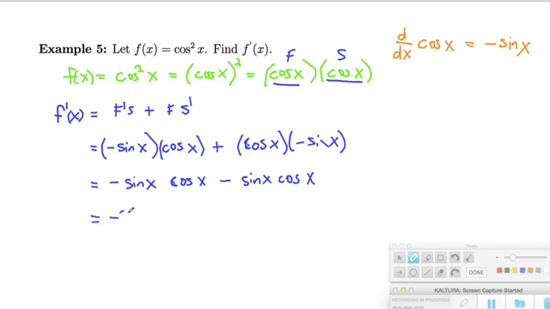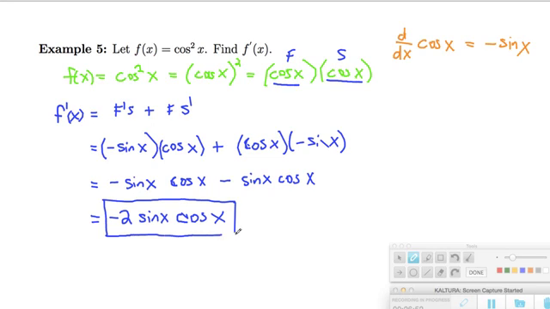So this is equal to negative 2 times sine x cosine x. And so that's the derivative here. So the derivative of cosine squared is negative 2 sine x cosine x.